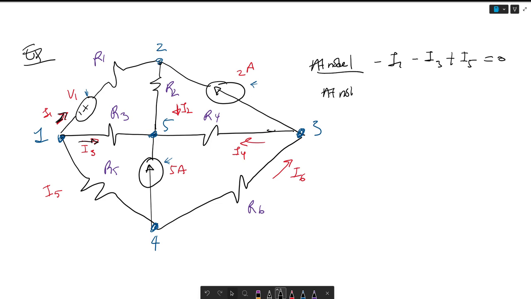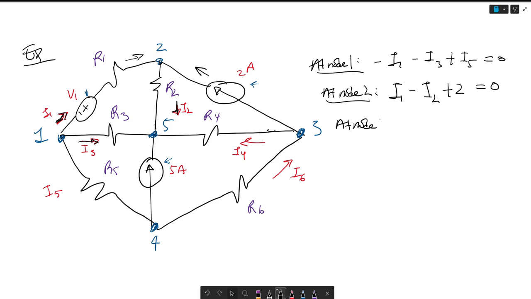Now at node 2, I1 is entering the node, so it's positive I1, minus I2 because it's leaving, plus 2 amps because 2 amps is entering, is equal to 0.